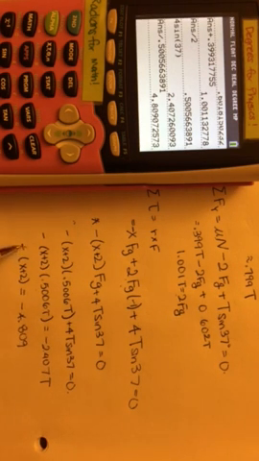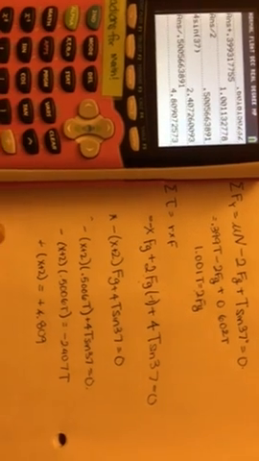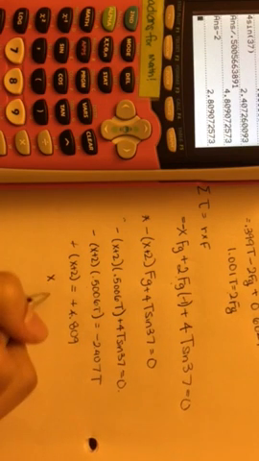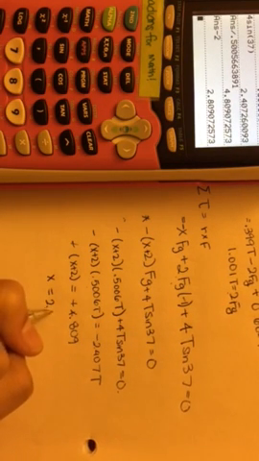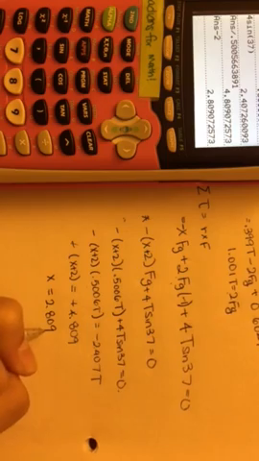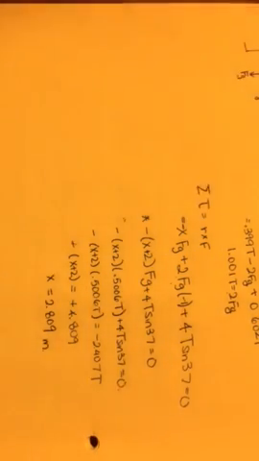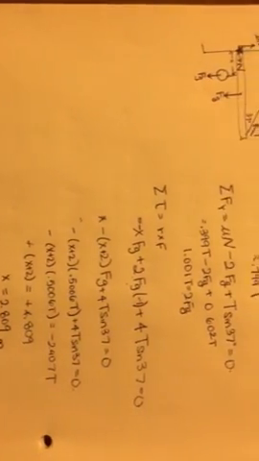You get rid of the negatives when you multiply both sides by negative 1, and then you subtract 2 on both sides to give you x is approximately 2.809 meters. And that's how you solve question 19 of chapter 12. Thank you.